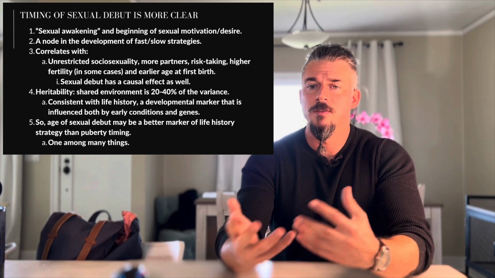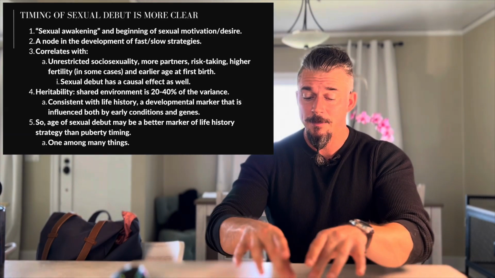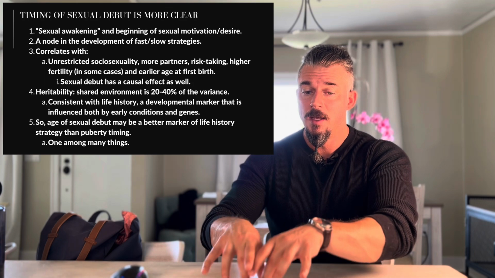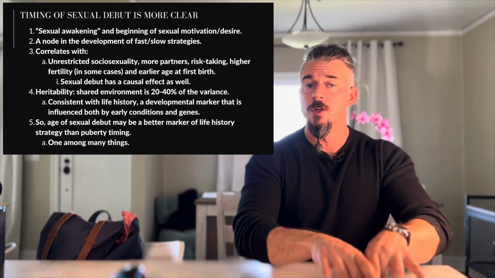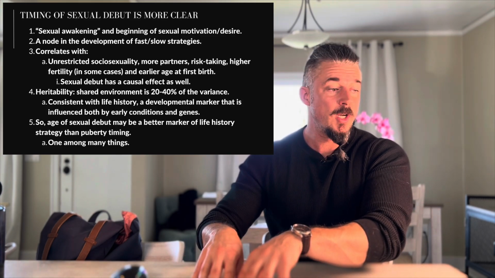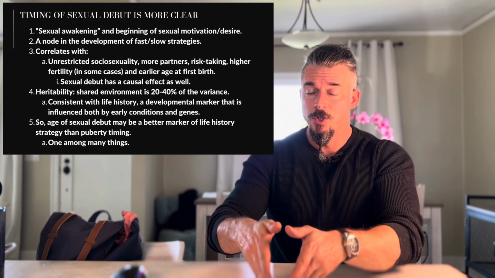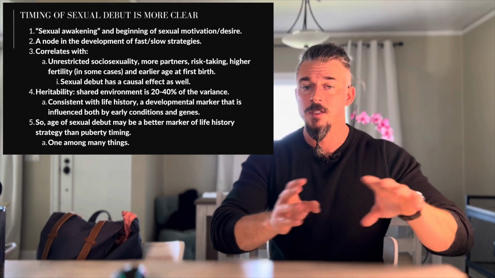So this is a causal effect in some of these cases, in that having an earlier sexual debut is what causes some of these other behaviors down the line. That's why it's kind of a node, and why it's important. You have developmental trajectory, allocation of resources, producing early or late sexual debut, and then that goes on to influence other things.